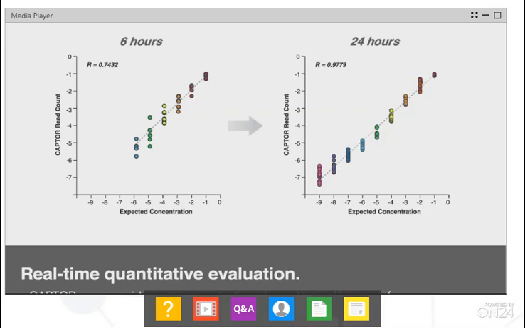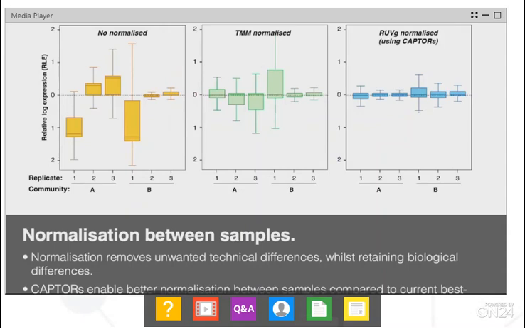The other thing which is key is we can use this linear regression, shown here as a dashed line, to directly convert between the observed read counts of the CAPTORs and their known molar concentrations. This allows us to move from subjective read counts, like reads per million that's typically used in next generation sequencing, to a much more objective unit of measurement, such as molar concentration.